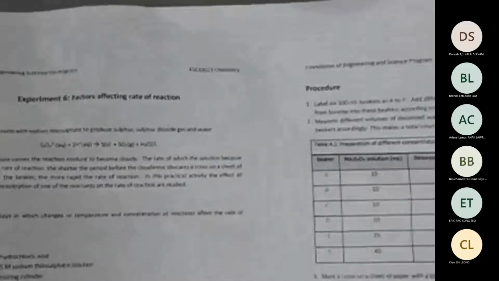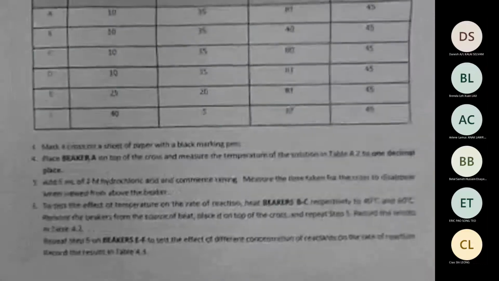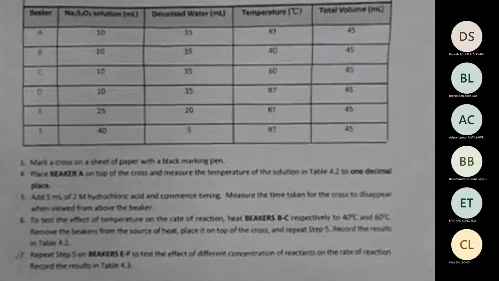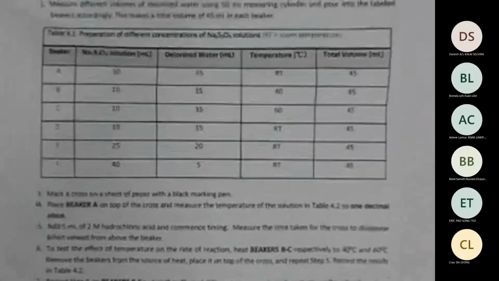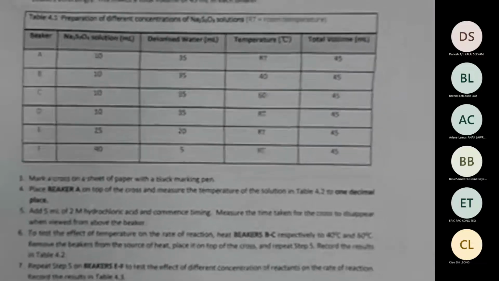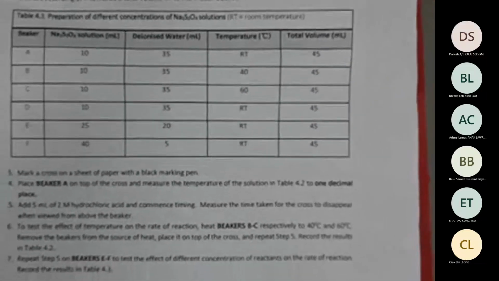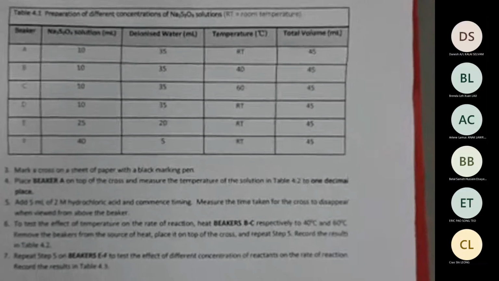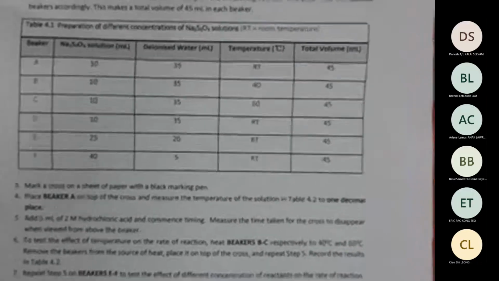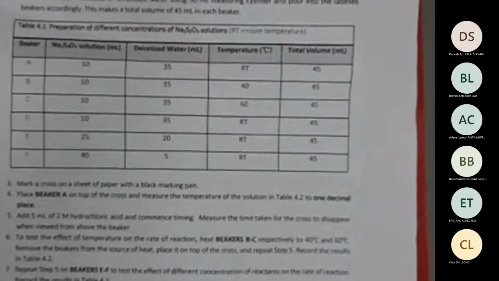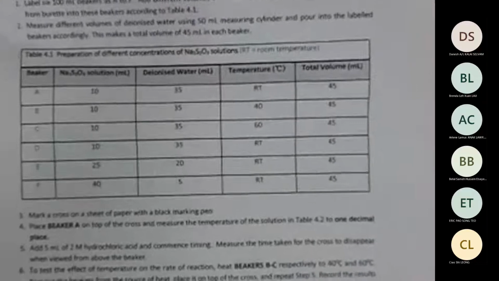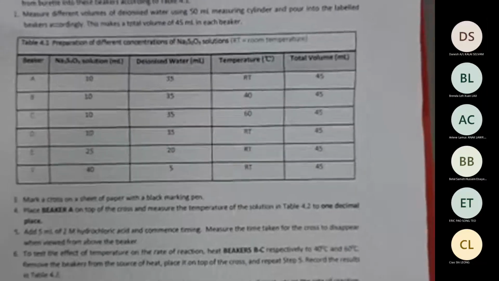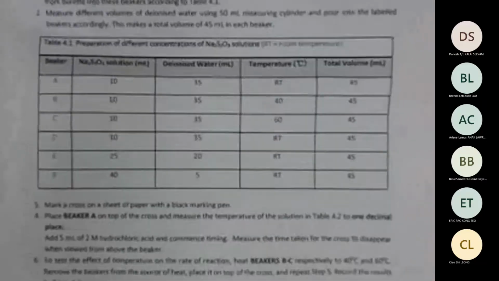Okay, so let's start doing it. It will not take a long time, and it is actually a simple experiment to do. But for the experiment report, it depends on how well you can discuss, because it is quite a simple thing.